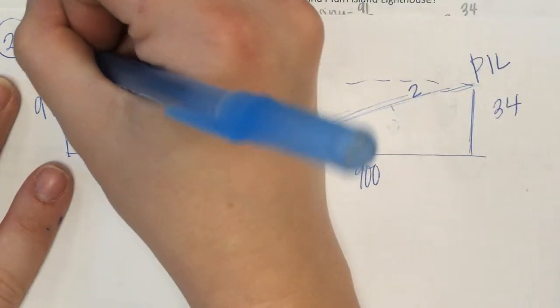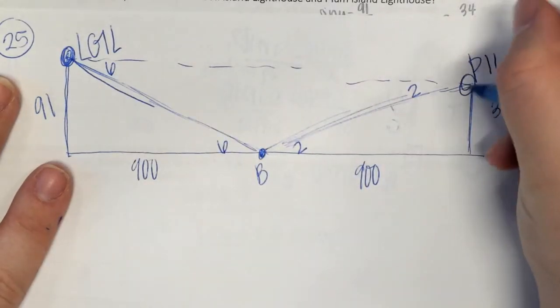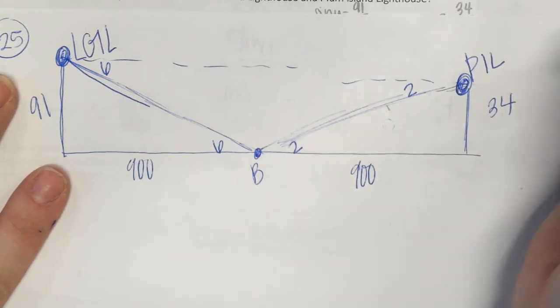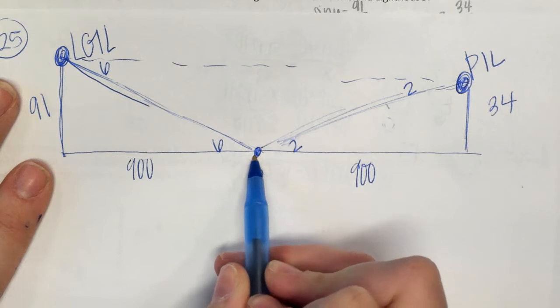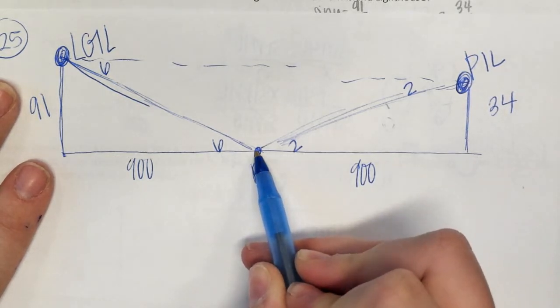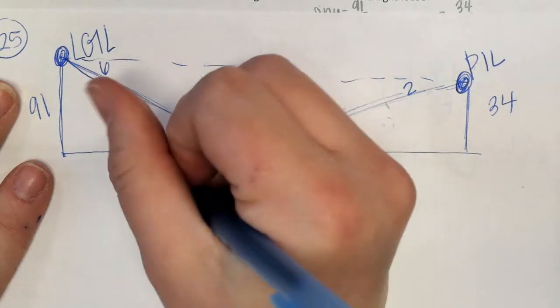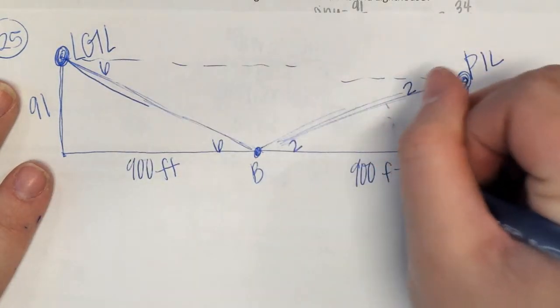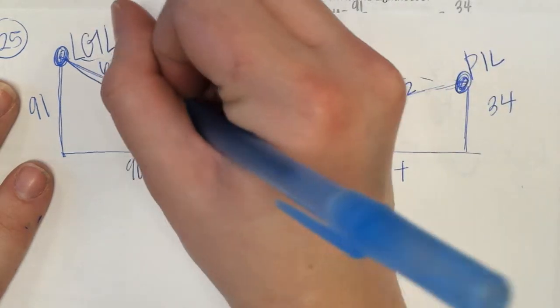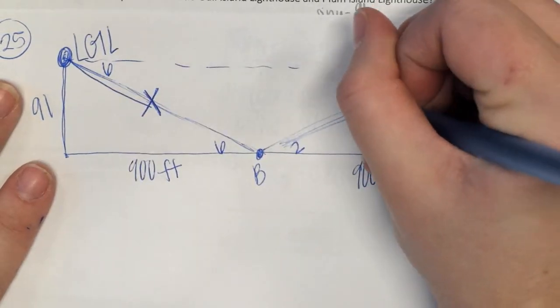From the light right here and from the light right here, we want to know which light will hit the boat. Well, from here to here is 900 and from here to here is 900, so the light would have to be greater than 900 feet. So we have to see which one of these has a light that's greater than 900 feet. So find this side and find this side.